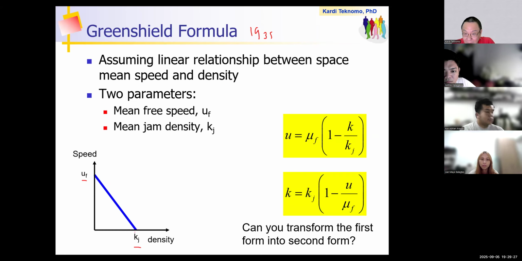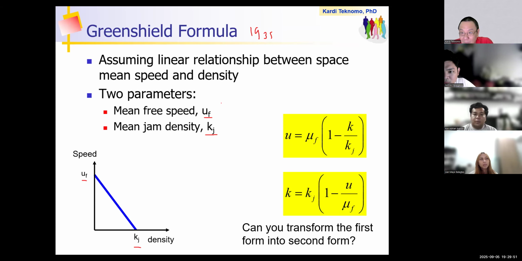This is where everything stops. Then you connect them with a straight line. In that case, you have two parameters, free flow speed UF and jam density Kj.